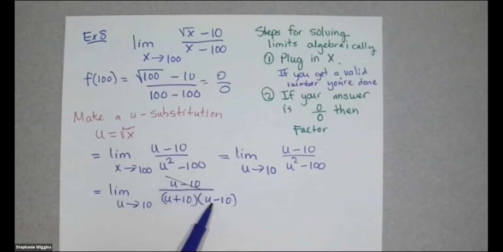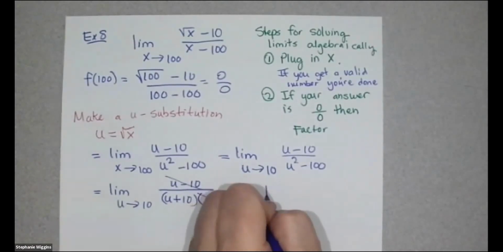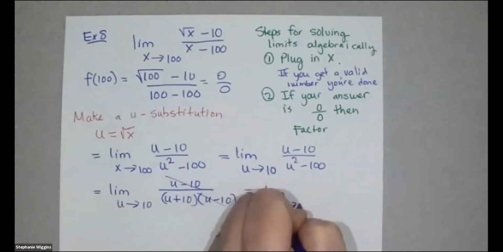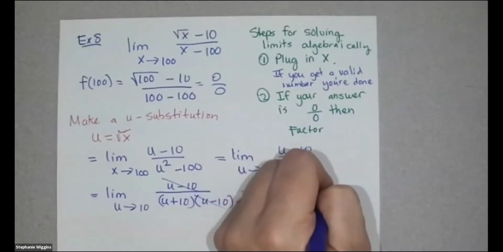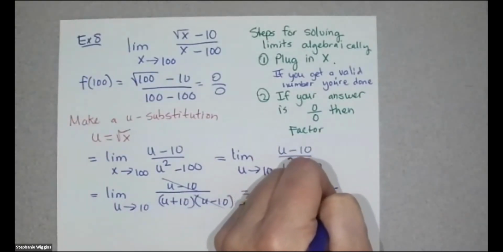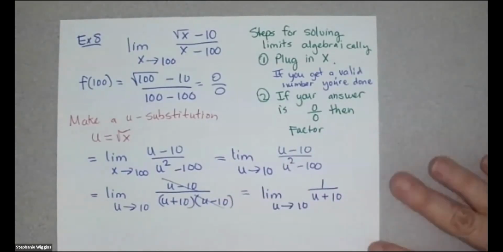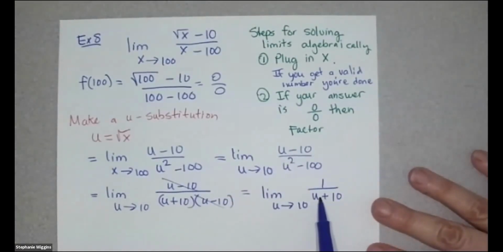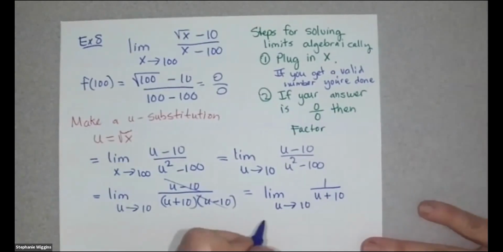And this will cancel with that. And then this becomes the limit as U approaches 10 of 1 over U plus 10. Well, I can just plug in my 10 and I get 1 over 20. That's easy enough.